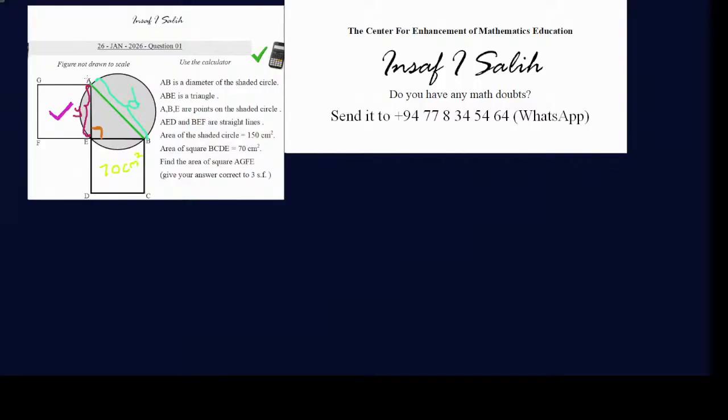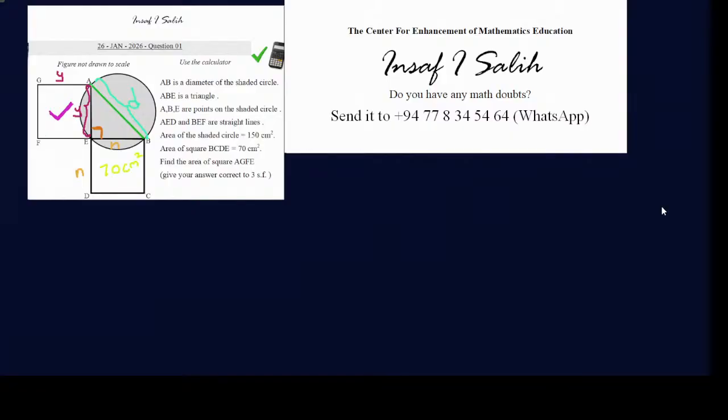If AE is y, AG also should be y because it's a square. In a square, all the sides are equal. And let me take EB or BE as n. If BE is n, ED should be n, because all the sides of a square are equal.